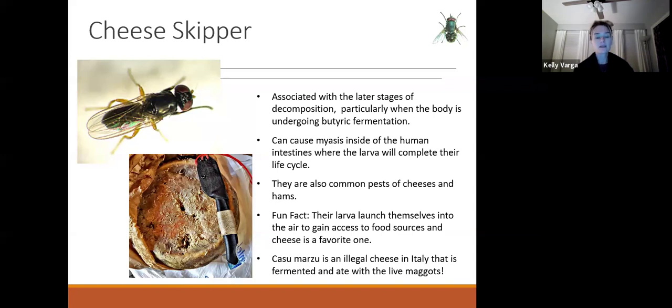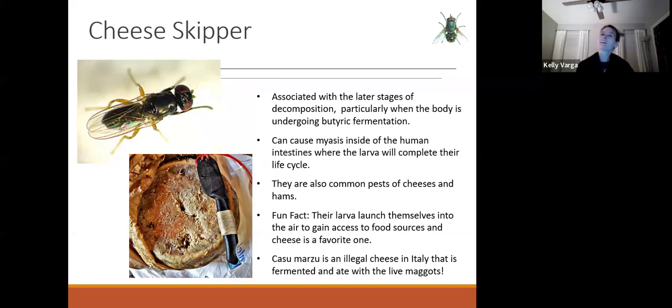These flies can not only invade and lay larvae and eggs on decomposing bodies, but they are notorious for causing myiasis inside of the human intestine, where the larva will go through its last half of its life cycle. They are extremely prolific in being attracted to, again, the butyric fermentation smells that come out of things like cheeses and hams, hence their name.